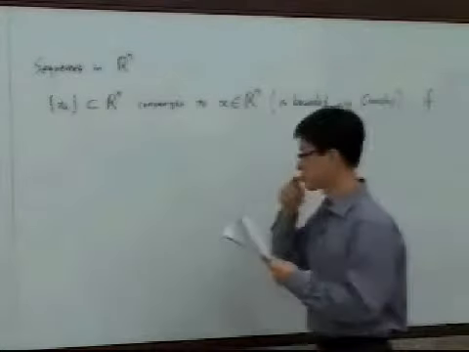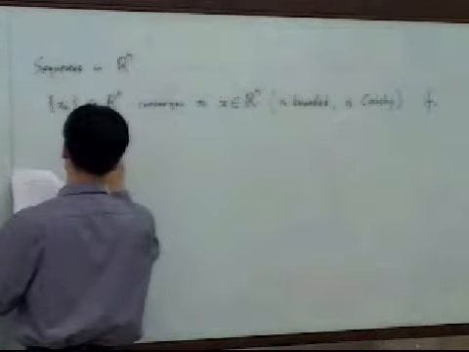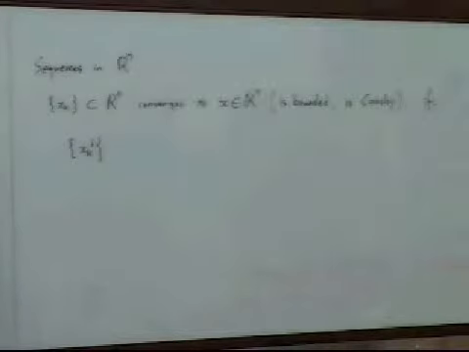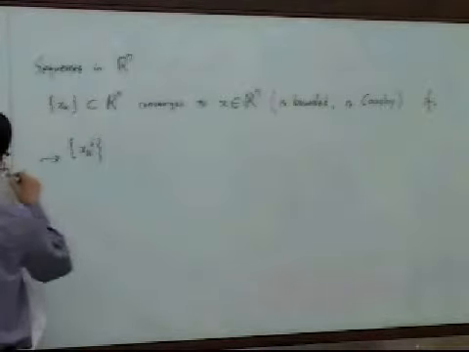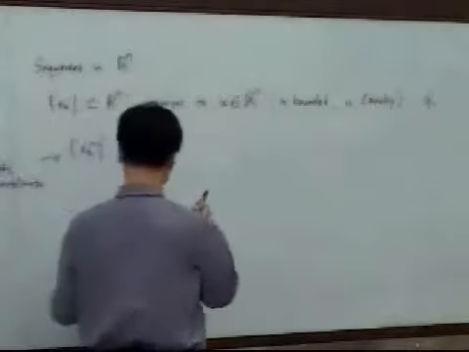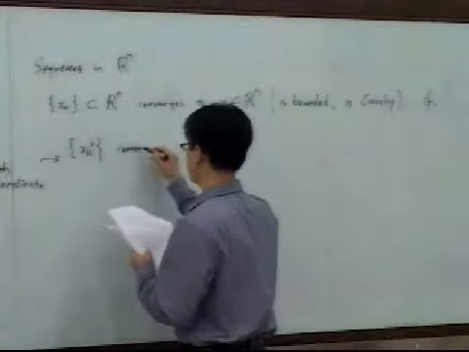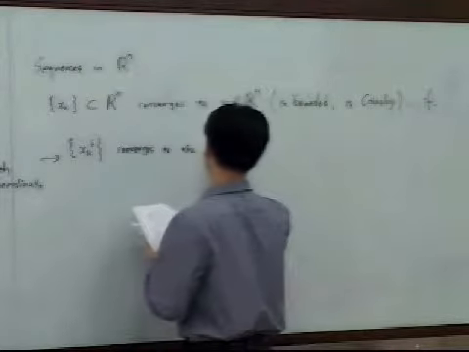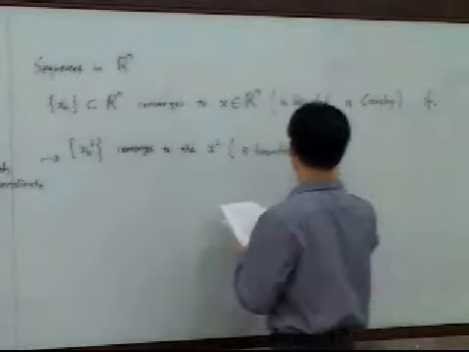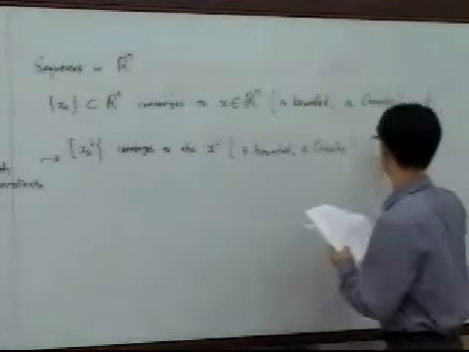If x_k^i, which means x_k is an n-dimensional number, and x_k superscript i means the ith coordinate of x_k, converges to x^i for every i.